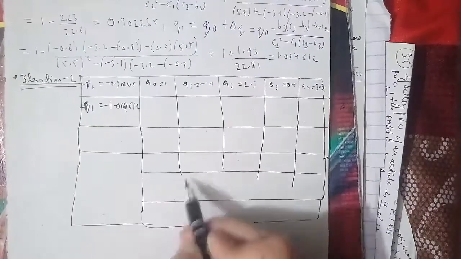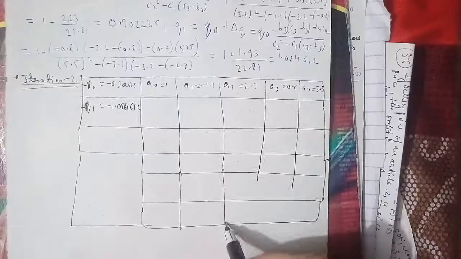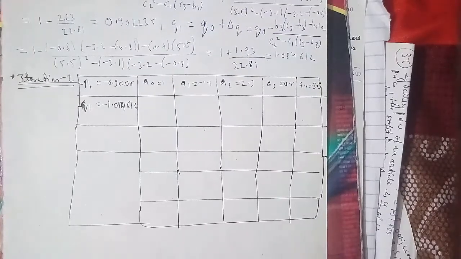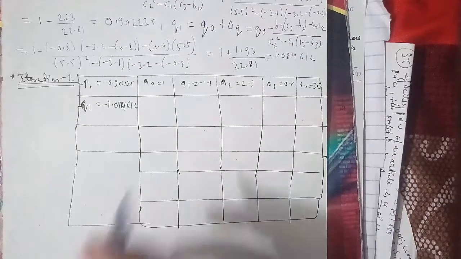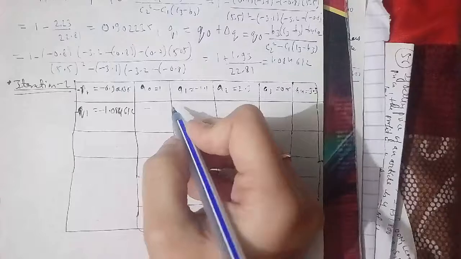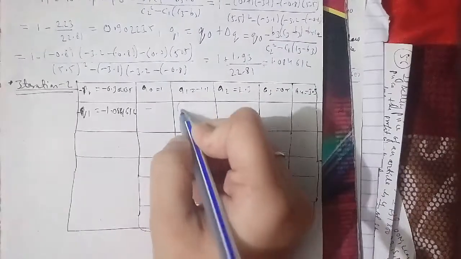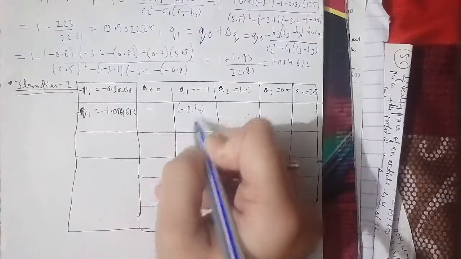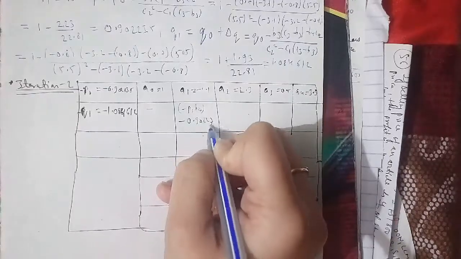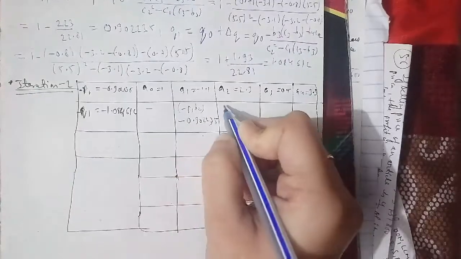This is minus P1 B1, 1.806486. This is minus P1 B2, which is minus 2.726441. This is minus P1 B3, which is 0.049436.